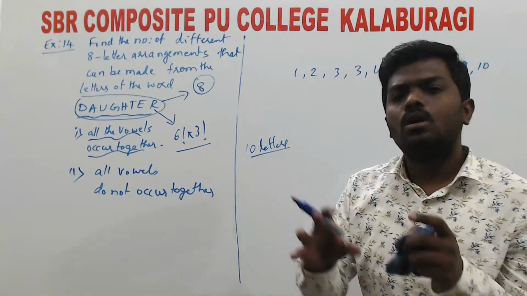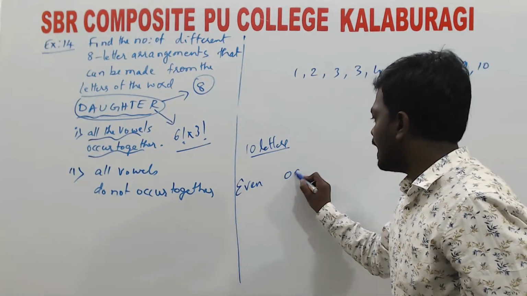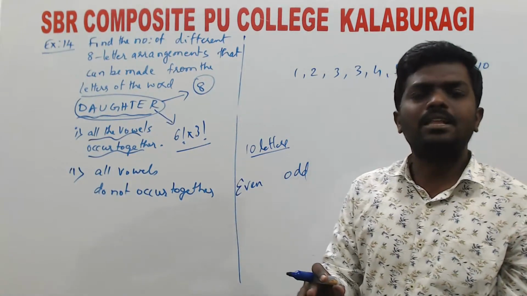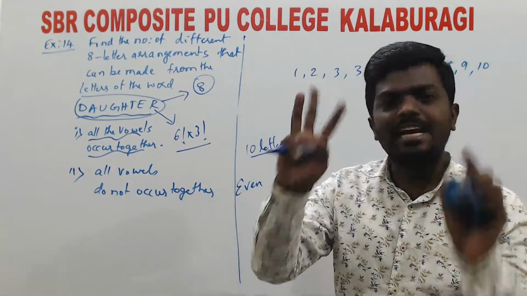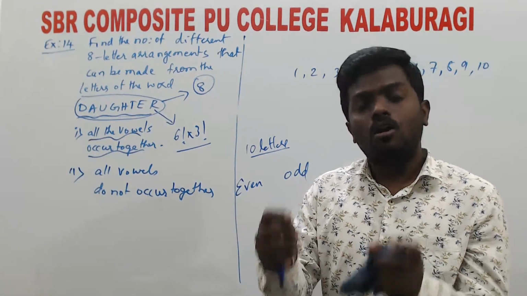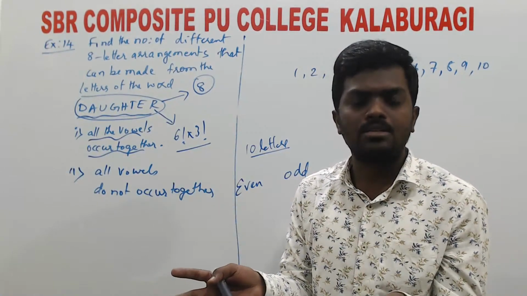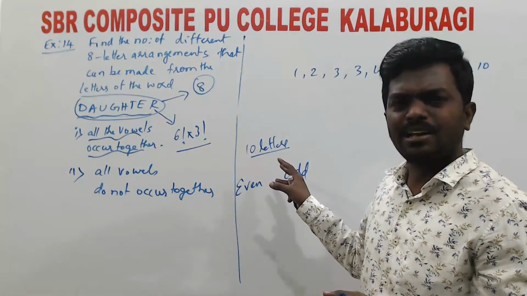I am telling you to bifurcate them in terms of even and odd. Let us say you only understand even numbers, but I am asking you to tell me the odd numbers, and you don't know what odd numbers are. Just a logical way of thinking.